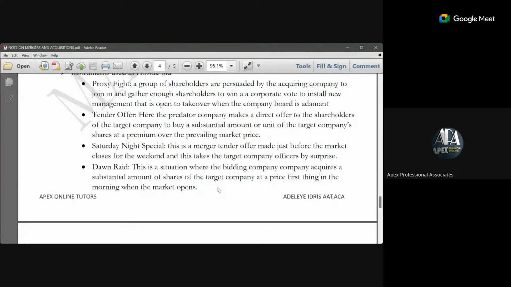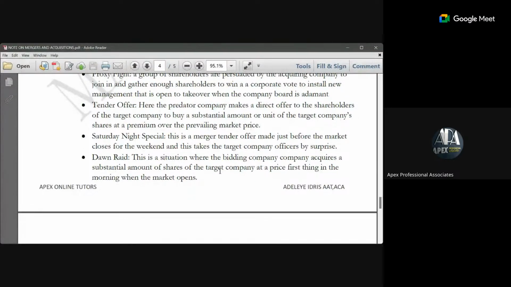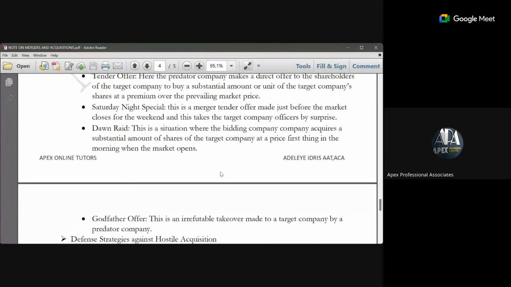Dawn raid is buying the shares of the target company first thing in the morning when the market opens for operation. So before they even settle in for the day, they have already mopped up their shares in the market, with, of course, a tender offer to their shareholders.